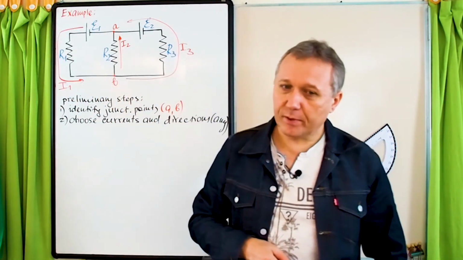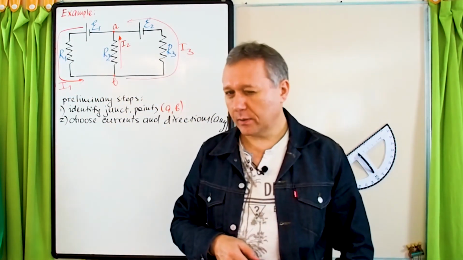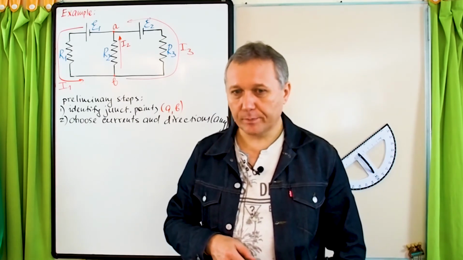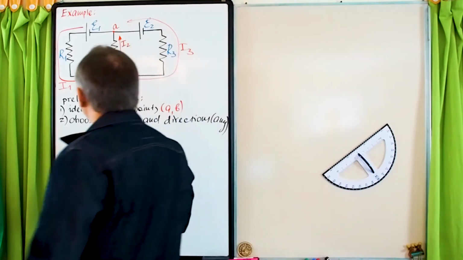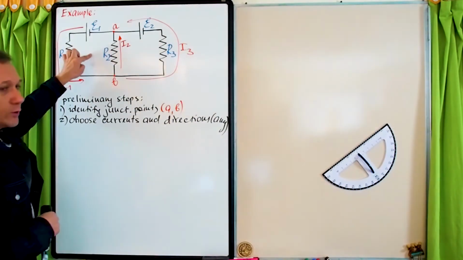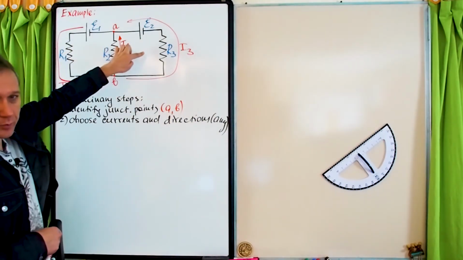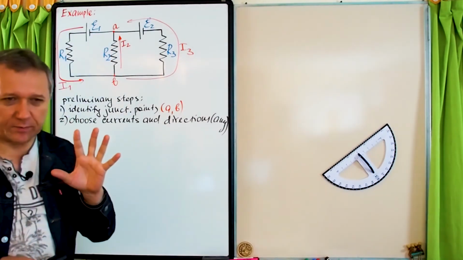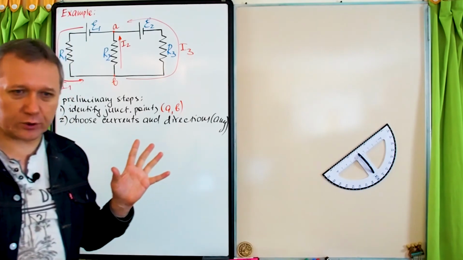And again, any direction. And the last preliminary step, what else do we need? We need traveling directions for each loop. In this case, we are going to use this loop and that loop. Of course, there is also an external loop, but I will make a statement at the end of this problem about the external loop.